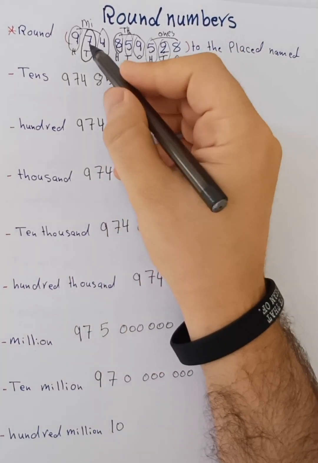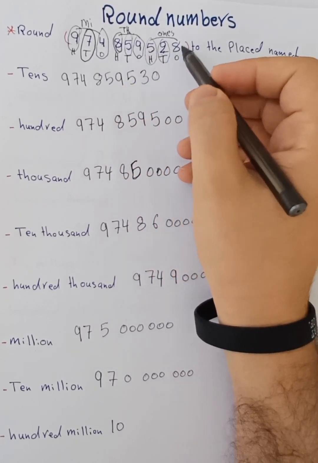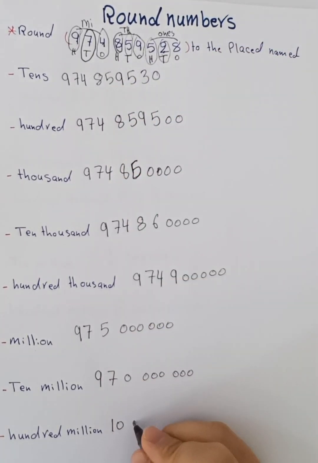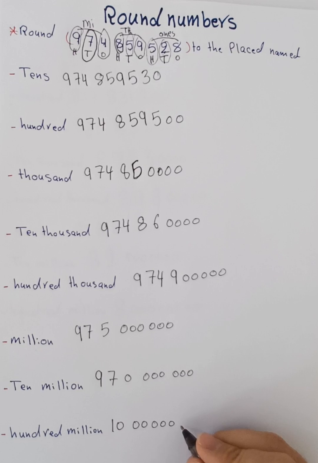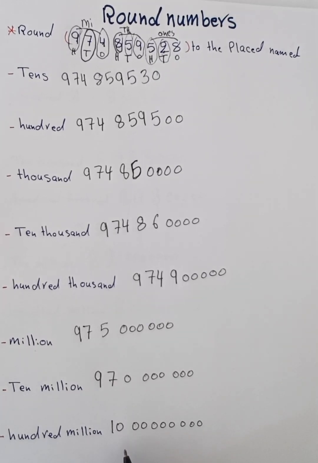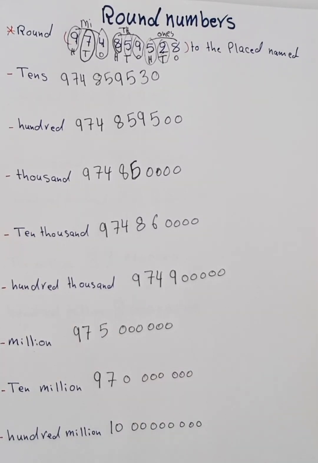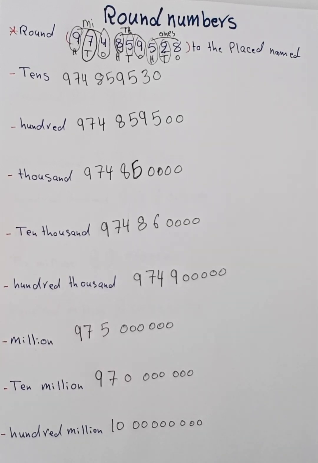And these numbers, 1, 2, 3, 4, 5, 6, 7, 8, become 8 zeros. So this is 1 billion. In grade 5 you will learn the billions.